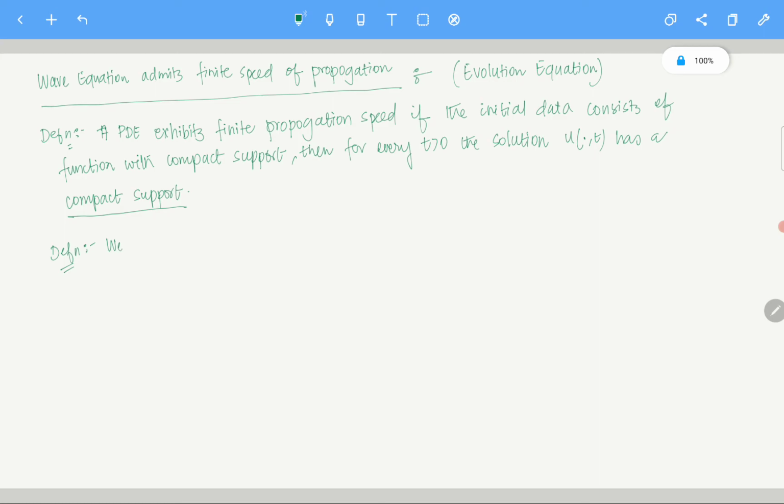We say the speed of propagation, of whatever it is, wave, heat, whatever we are working with, is less than or equal to c.